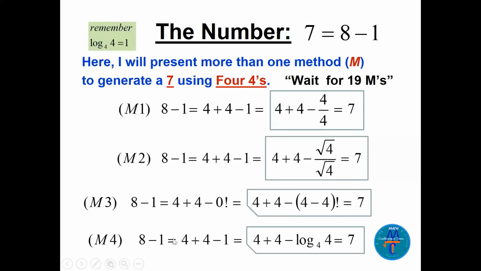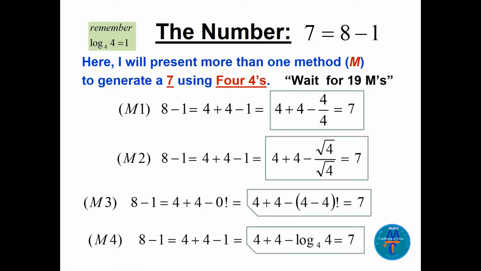That's 7. Another way, this one here, I can take it up, you see, log base 4 of 4. So that's 1. So 4 plus 4 minus log base 4 of 4 is equal to 7. So 4 plus 4 minus 1. So these 4 methods.